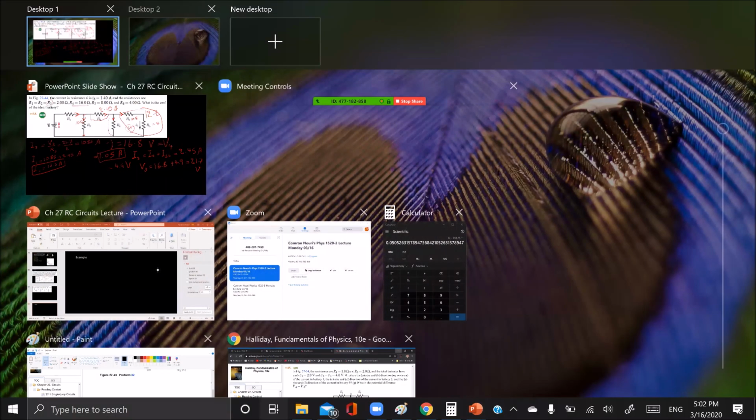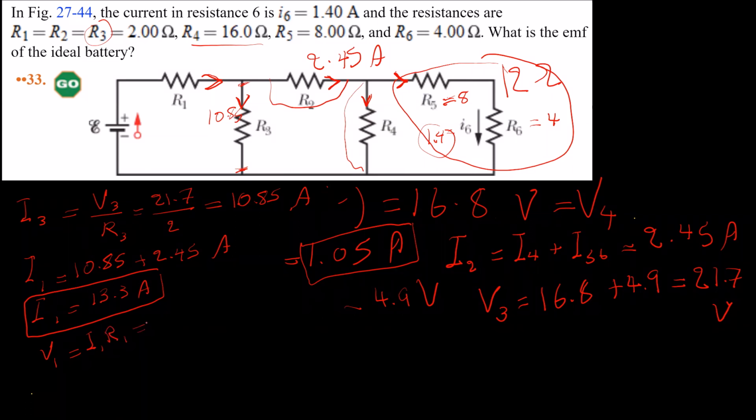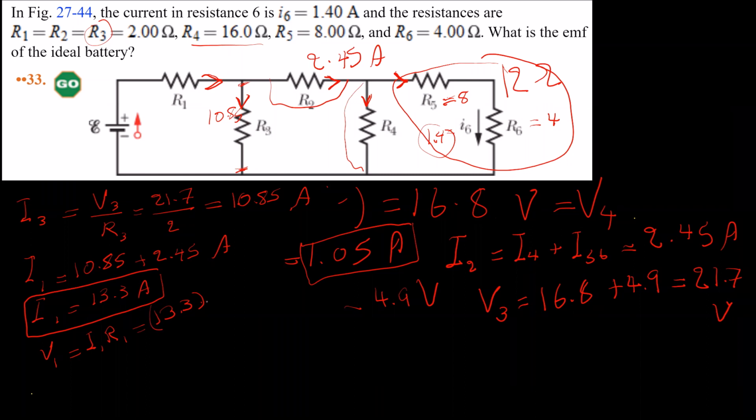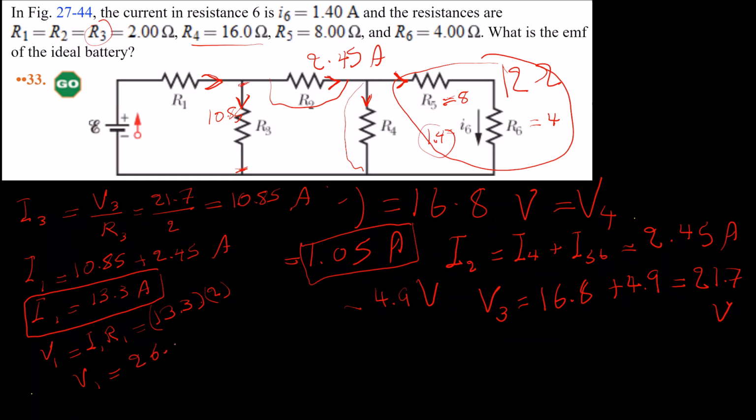And what is V1? V1 is I1 times R1, which is 13.3 times 2. So V1 is 26.6. All right. And V3 was what?